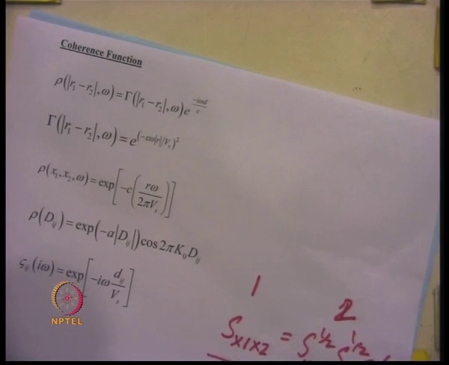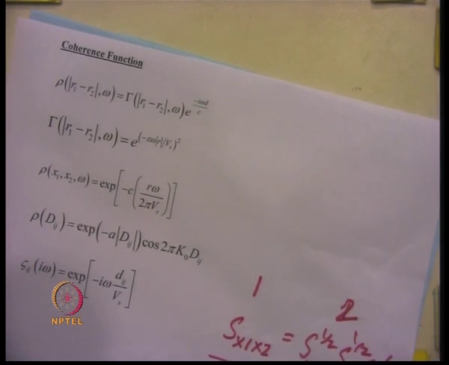So, this is how a cross power spectral density function between 2 points is computed.